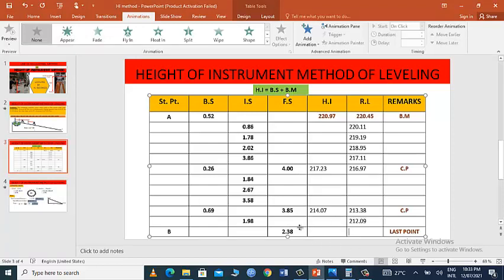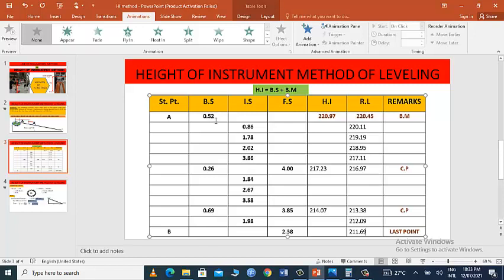Similarly, to get this reduced level, we will subtract 2.38 from this HI. We will get 211.69.